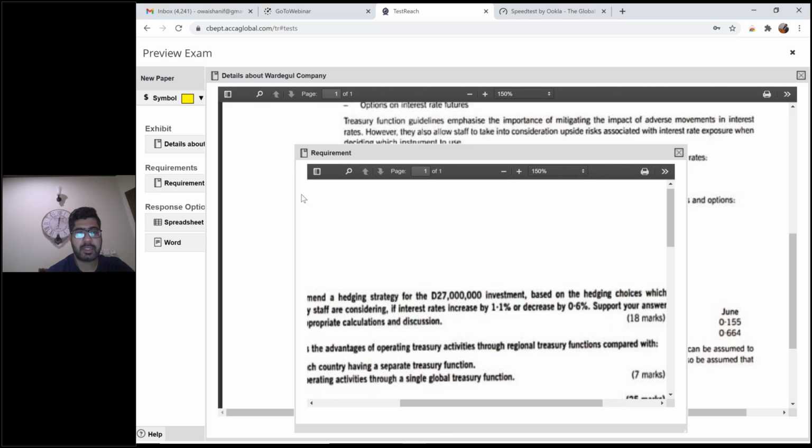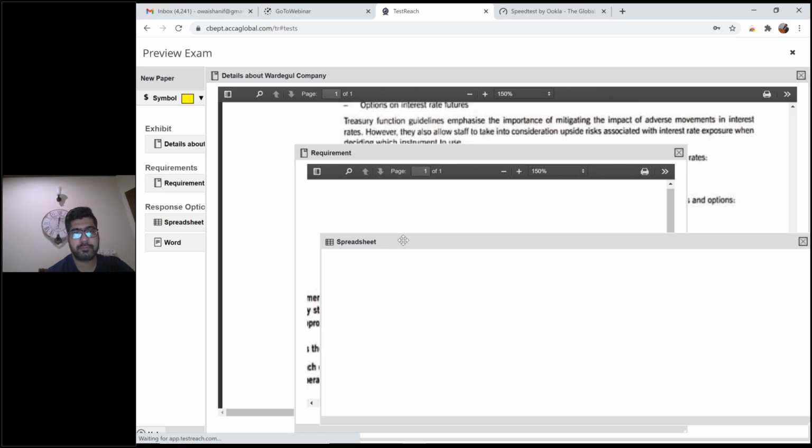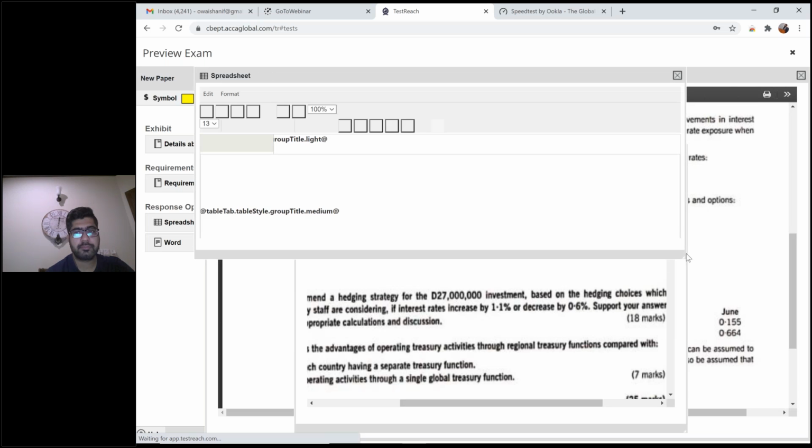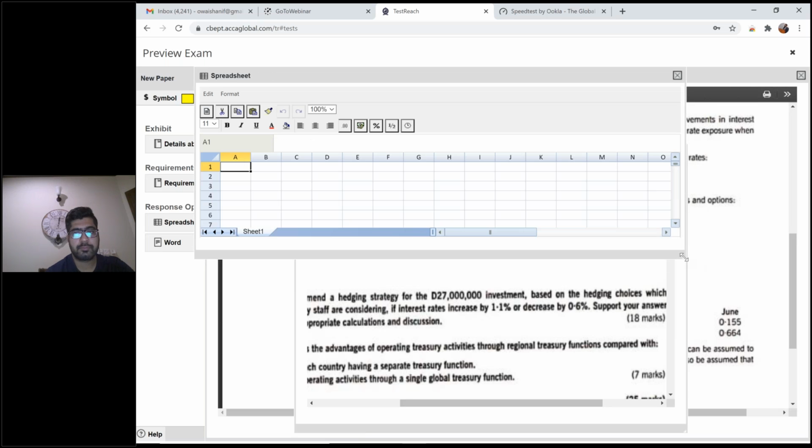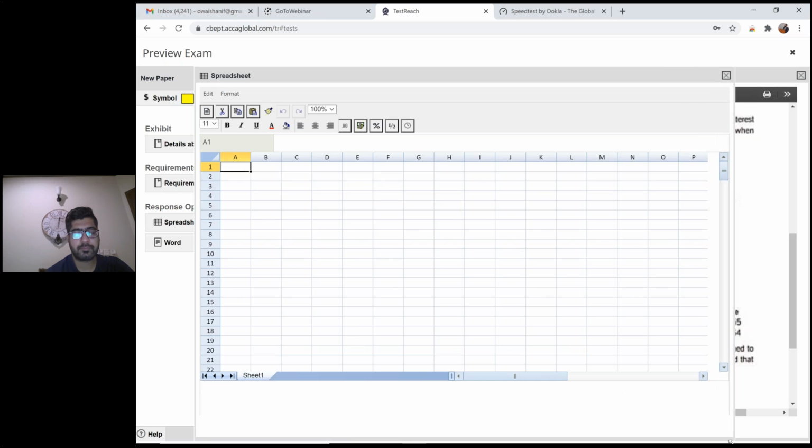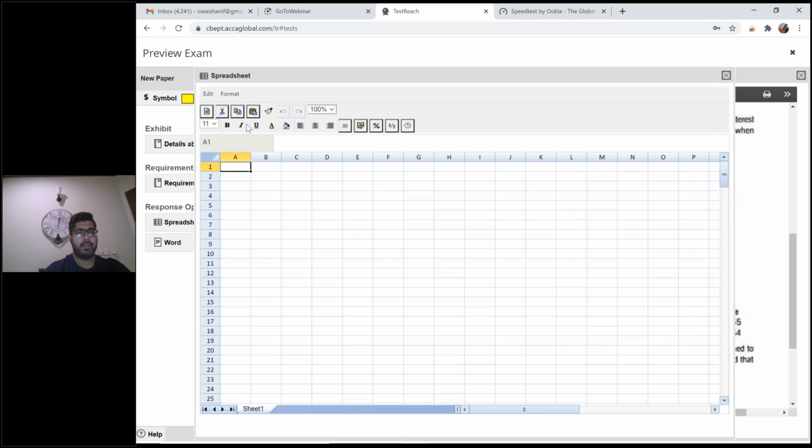Support your answer with discussion. So the company is considering 3 hedging choices, and you need to recommend which is the best one if interest rates could increase or decrease.